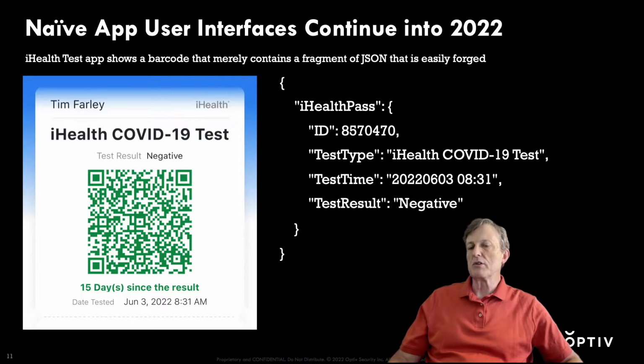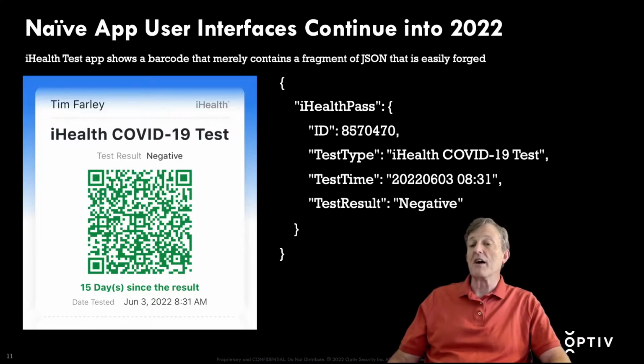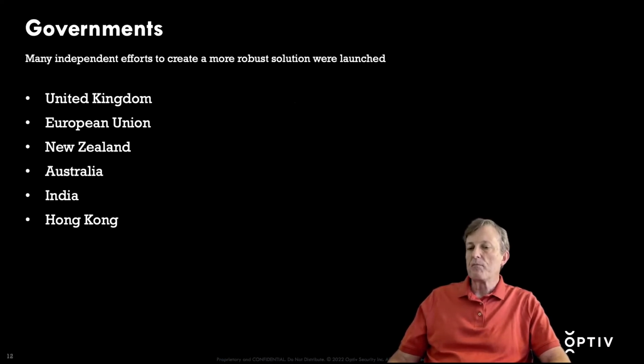It would be trivial to create this barcode and display it on the screen without actually putting the app up. So that whole idea of a naive implementation where you're supposed to trust the app is still out there, and you have to watch out for it.